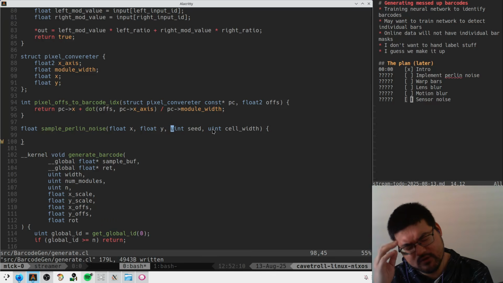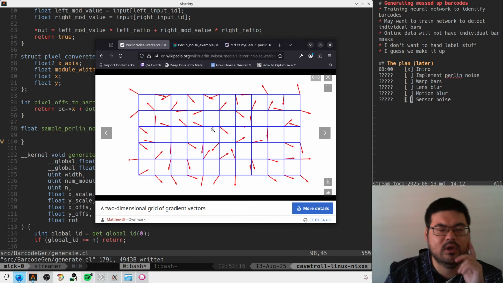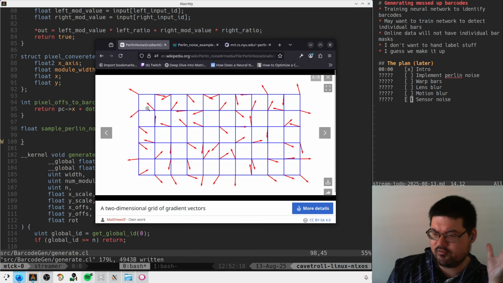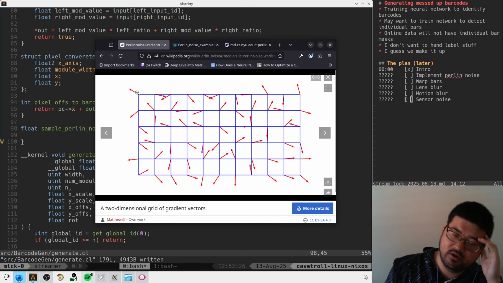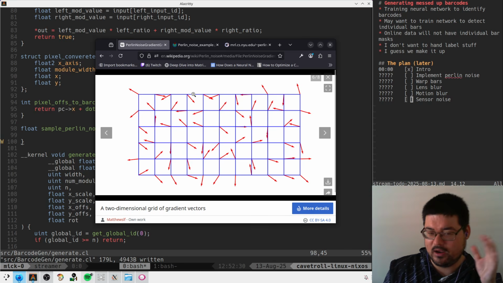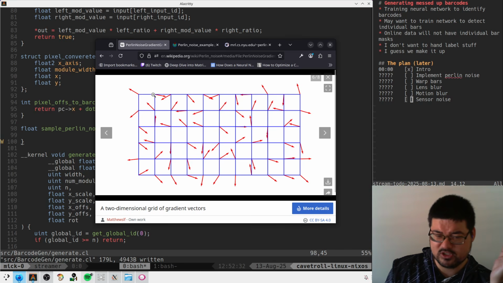So instead of permutating, we could say that for this set of random numbers, this corner would be 0, 0. This is 0, 1, 0, 2, 0, 3, 0, 4. We use that to generate a counter value for the PRNG, so we multiply the two numbers together.